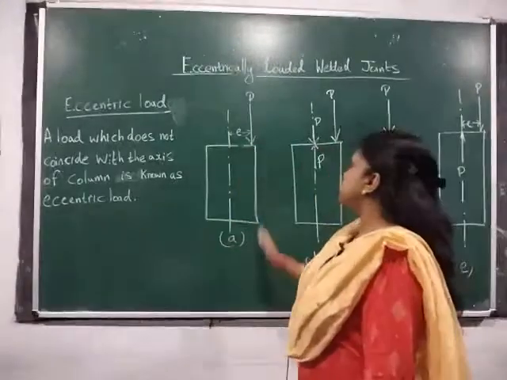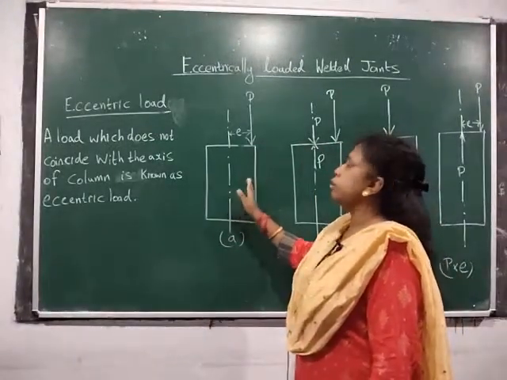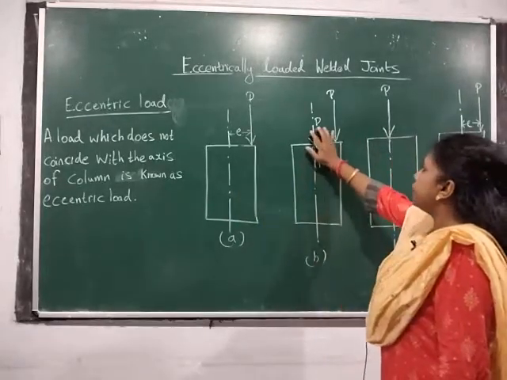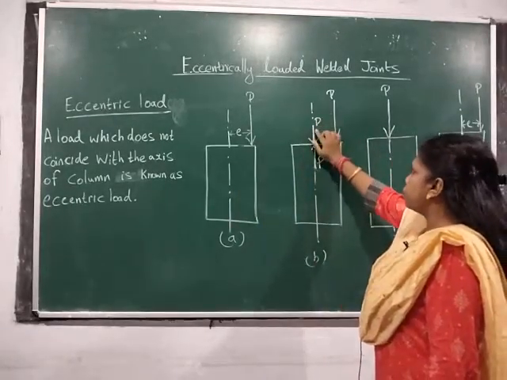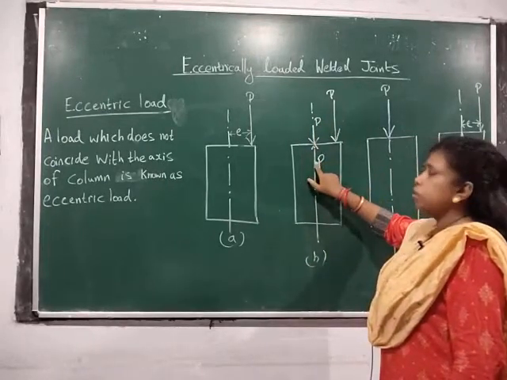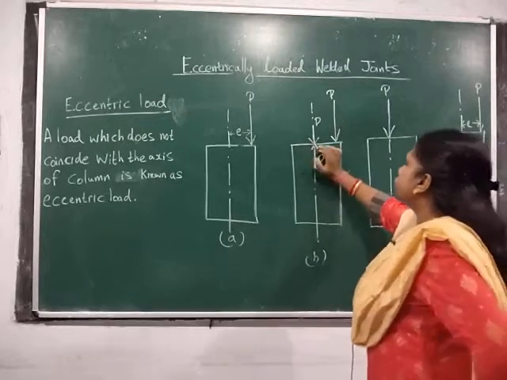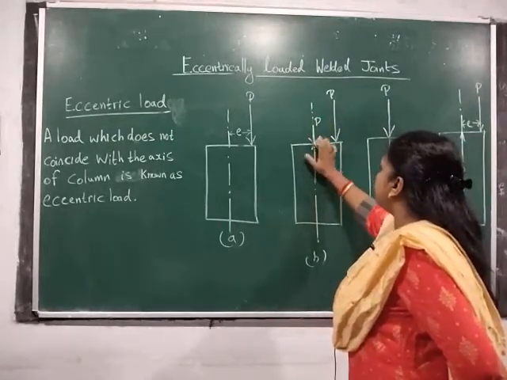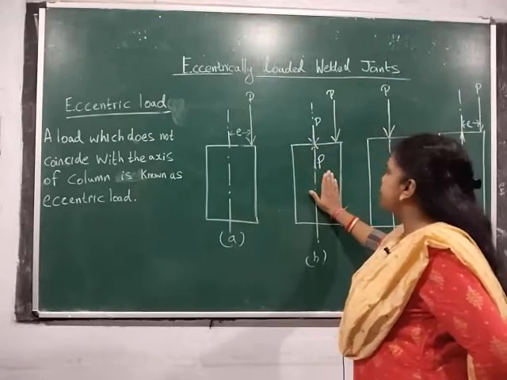So let us see this eccentric load as in figure B. Suppose we are taking two forces P in upward and downward direction, which can cancel. So two forces are acting on the axis of the column in upward and downward direction.